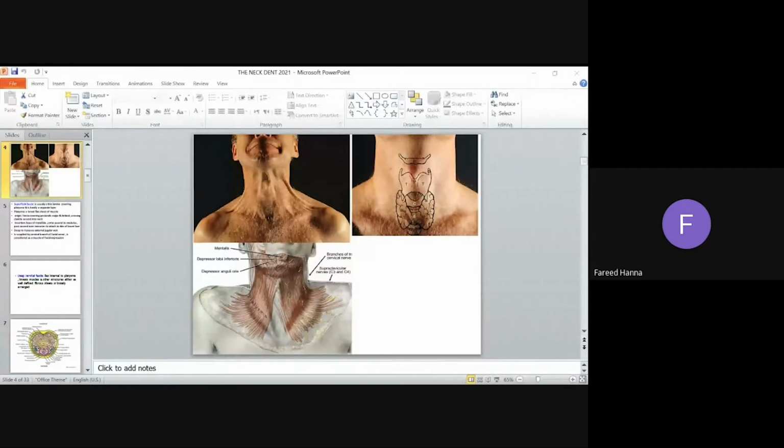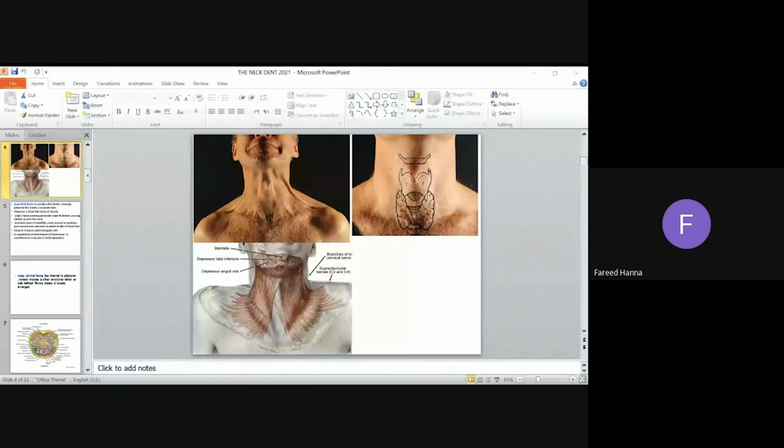Now, the infrahyoid muscles, from their name, are inferior to the hyoid bone and descend into the anterior aspect of the neck downward toward the clavicle or toward the scapula. They form two layers of muscles. We have seen the omohyoid muscle.